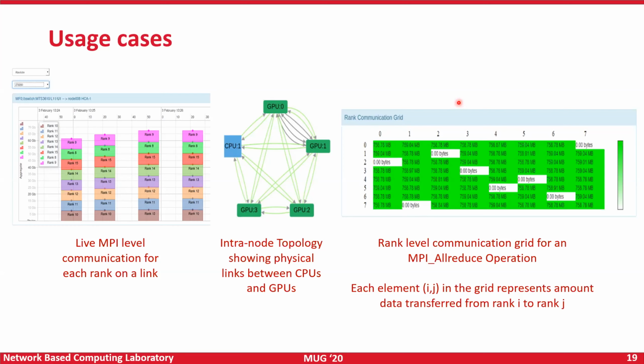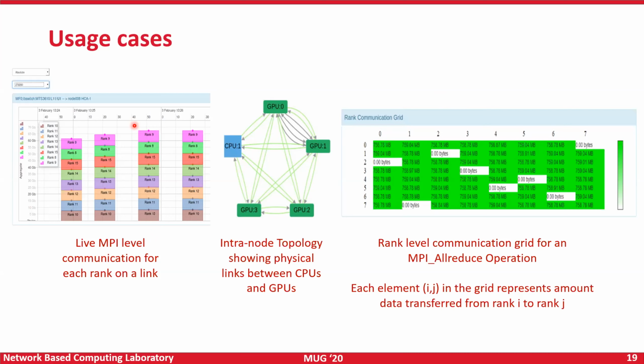So going forward, there are several use cases that INAM has. This is one very interesting use case. Typically, what INAM allows you to do is find out what is happening on any given link on the system. Your typical InfiniBand network monitoring tool allows me to do that, yes, that is true.